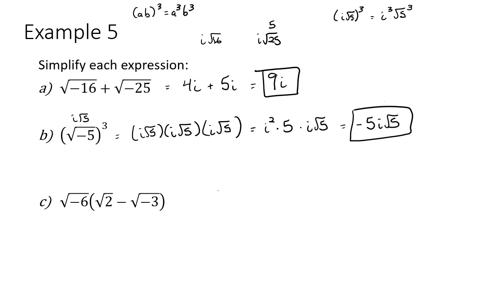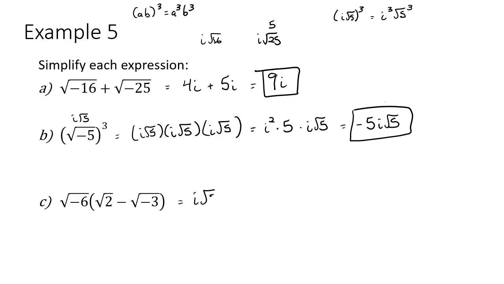All right, and last but not least, we've got part C. The thing to be careful about here is that this is another one you would get wrong if you use properties of exponents, because you would be multiplying two of these roots of negative numbers together. So the first thing we want to do is to pull the i out.